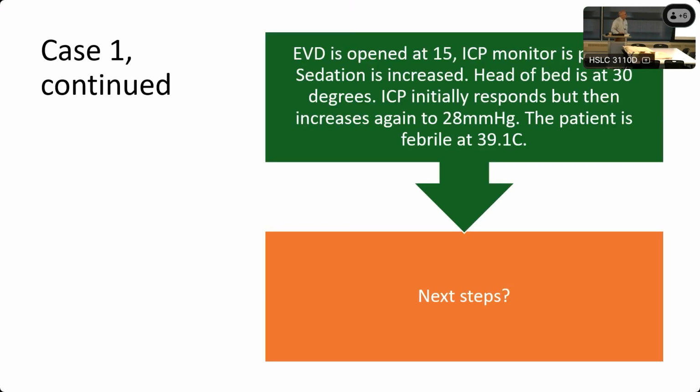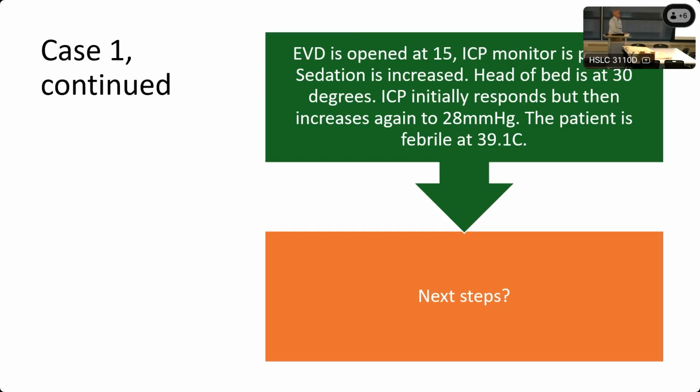In our case, when we're continuously opening an EVD, you lose that waveform and you're only potentially checking it once an hour, and you're losing the potential accuracy of your EVD. So if you're continuously opening, you should place an ICP monitor and have both in place. That way you can continuously measure ICP and drain.